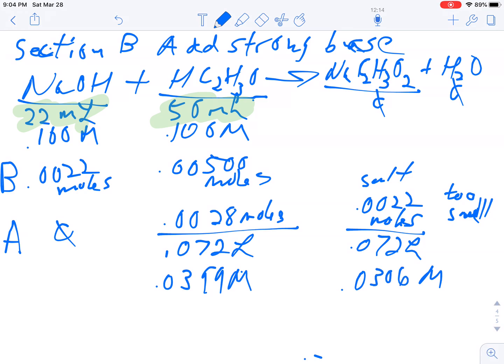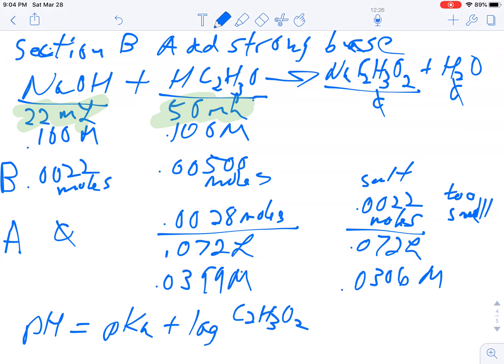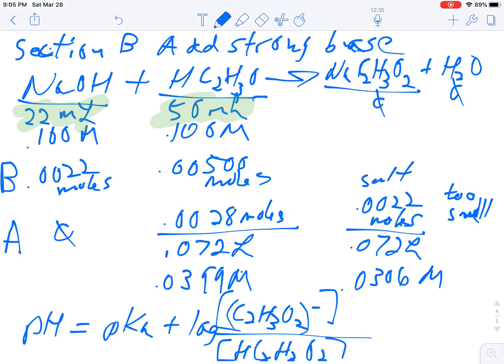All right, so those are our molarities, and we can use the Henderson-Hasselbalch equation.